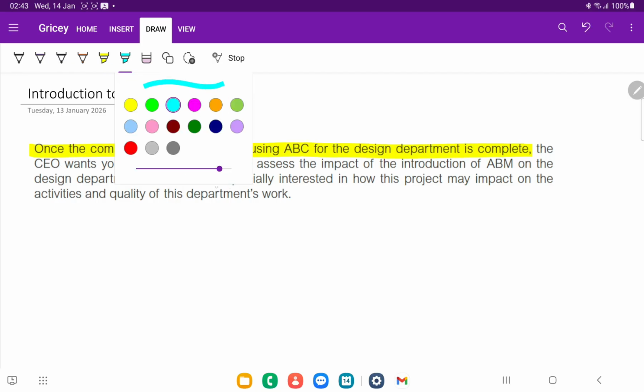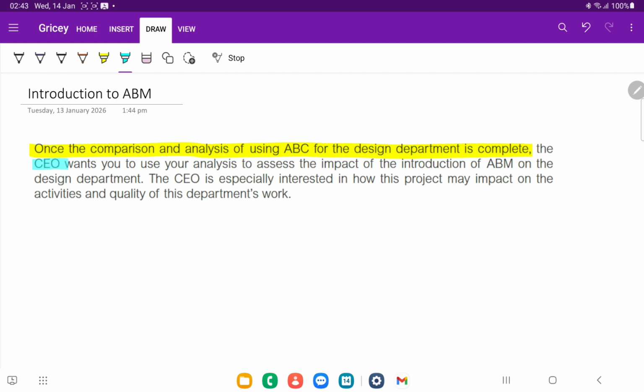So from here, the requirement is starting. The CEO wants you to use your analysis to assess the impact of the introduction of ABM on the design department, right? So here the word introduction of ABM is important, because the company is trying to introduce ABC. It's going to use ABC, activity based management, for the first time.